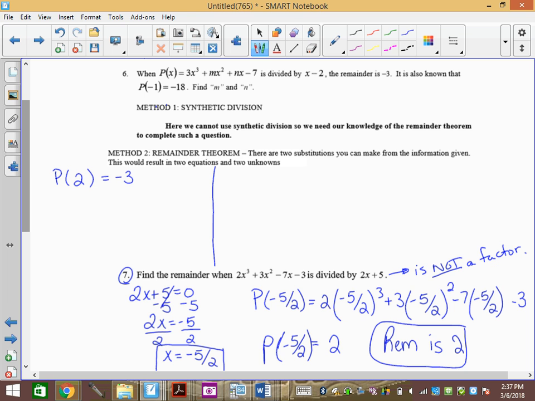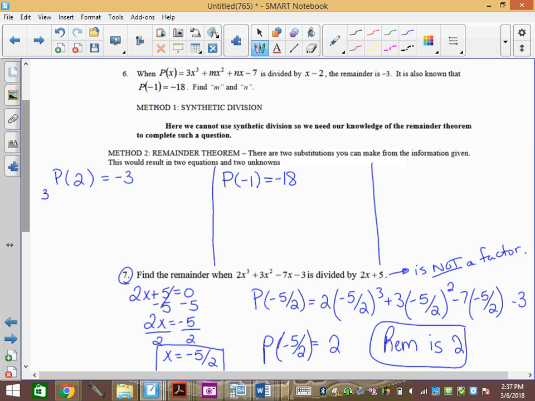Put a line. The next one is p of negative 1 equals negative 18. What could they have wrote? When you divide by x plus 1, the remainder is negative 18. They could have written it like that, correct? Okay. We're going to plug them each in separately.